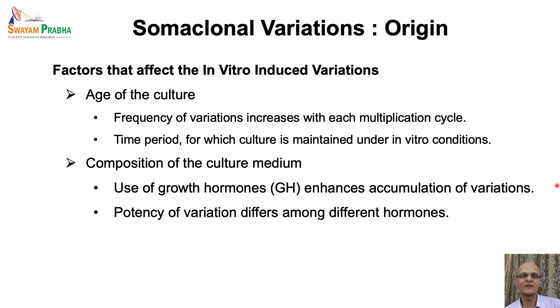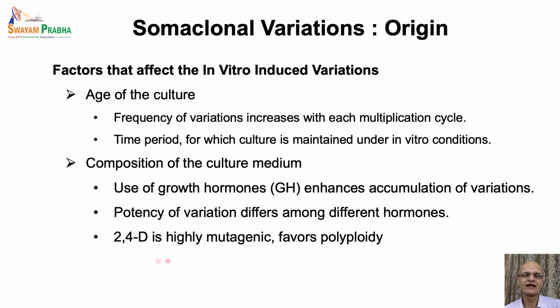There are several auxins like naphthalene acetic acid, indole acetic acid, indole butyric acid, or 2,4-D. And similarly, several cytokinins are there like kinetin, benzylaminopurine, or zeatin. And the potency of these hormones to cause somaclonal variations differs significantly among different hormones.